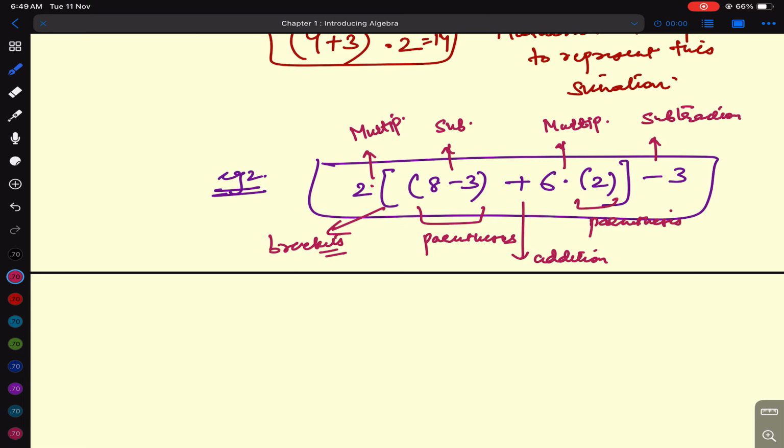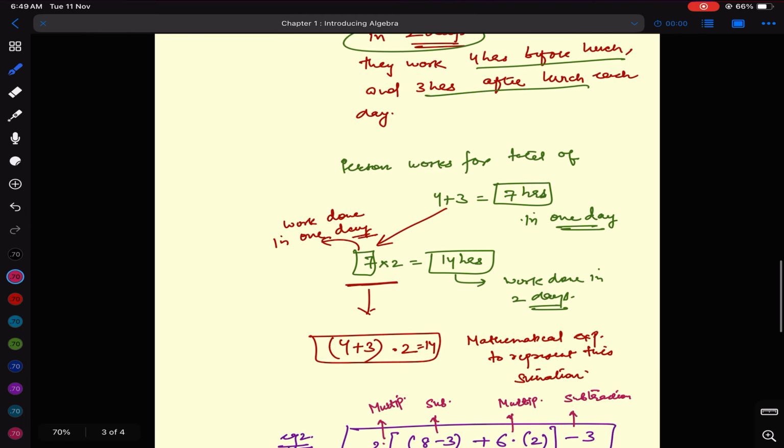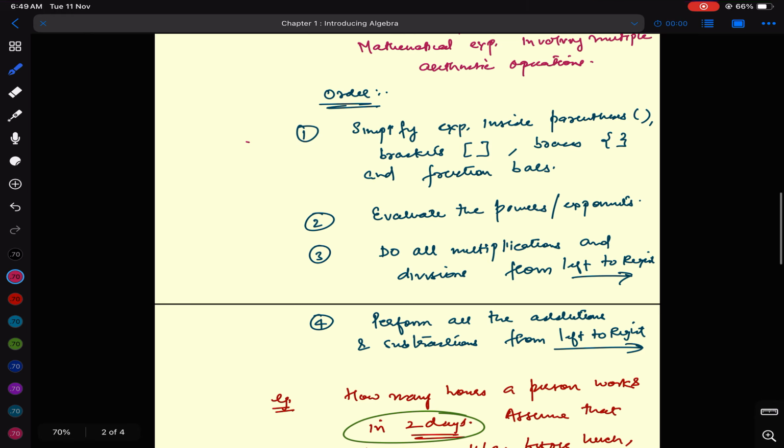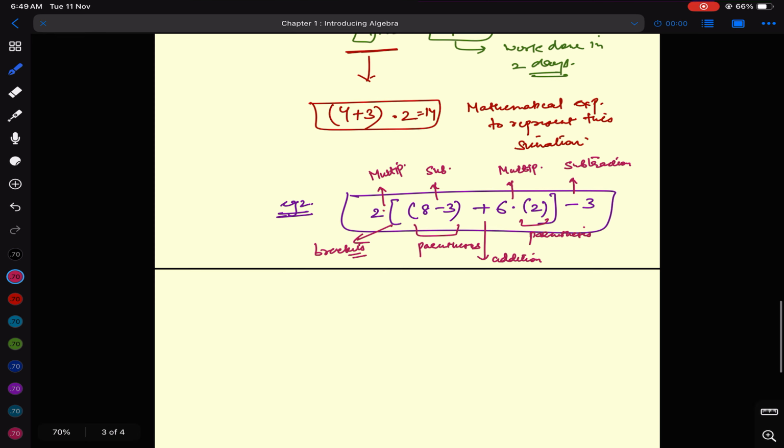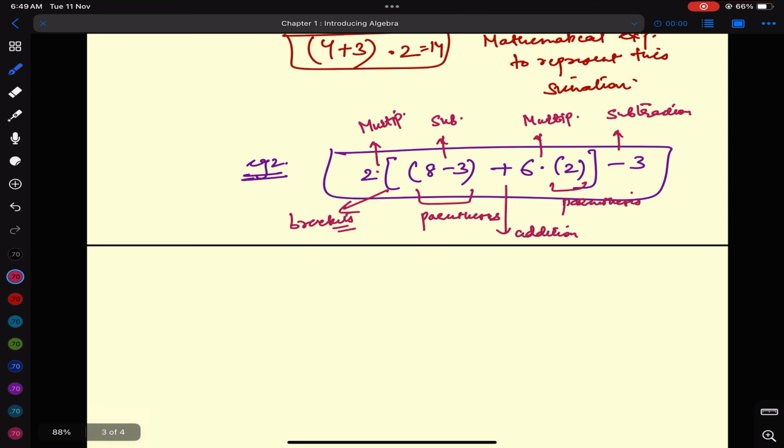So step one here is going to be, okay, as you studied, what was the first precedence in the order? That was solving all the brackets, parentheses and braces, right? So here, what are the brackets, parentheses and braces? We have first one as 8 minus 3.